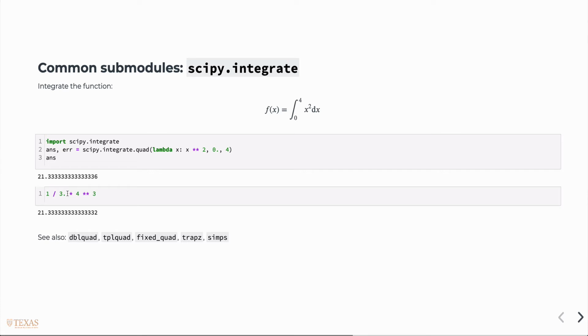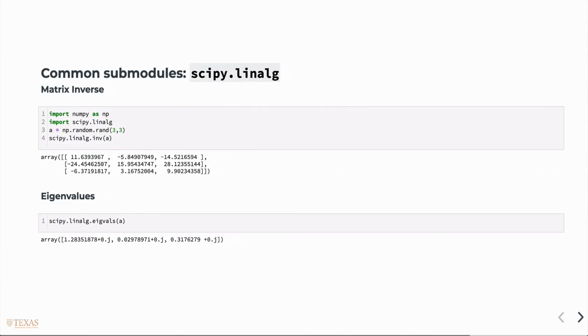So these two answers, the closed form answer and the numerical integration answer, are within machine precision of each other. There are also double and triple quadratures for area and volume integrals, different things, fixed quadrature routines like Gauss integration and other things, and then integrals for data like the trapezoid rule, Simpson's rule, other things like that.